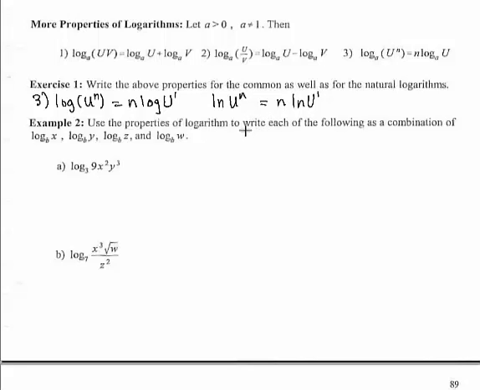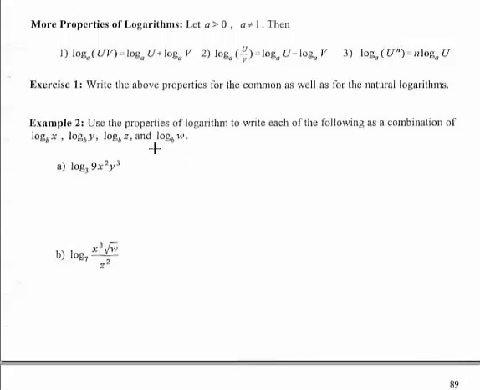Okay, so let's apply these properties to rewrite these expressions in example 2. Here it's just simply saying that our base is b, and our factors would be any number or variable x, y, z, and w.